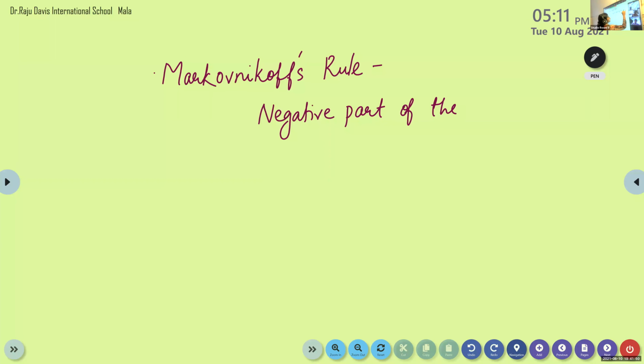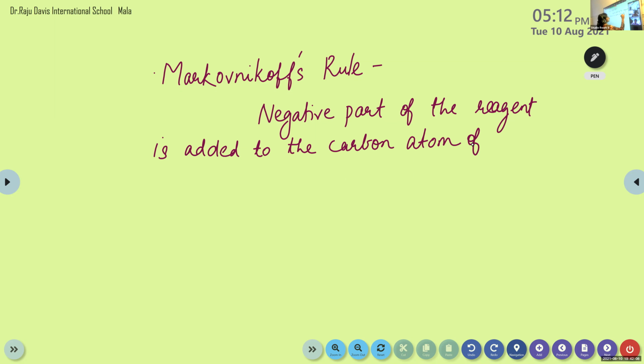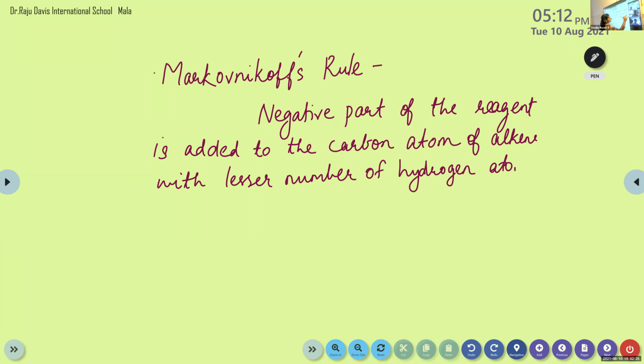This is not the actual statement of Markovnikov's rule, but this is to note the point. That's it.